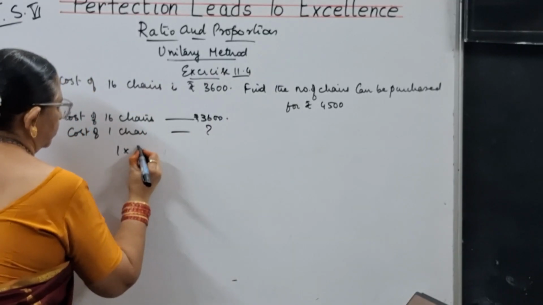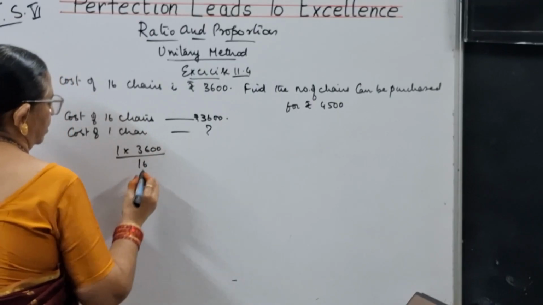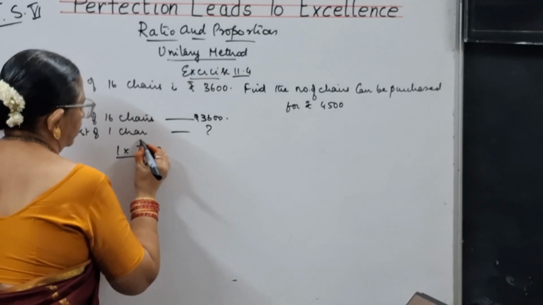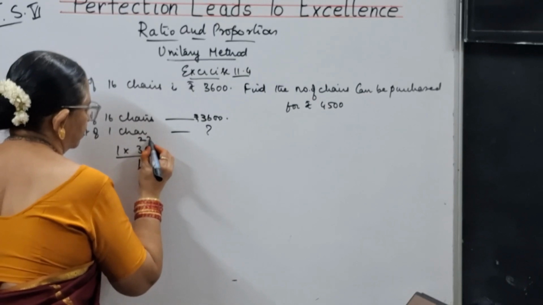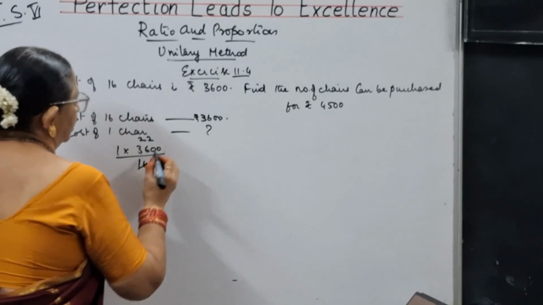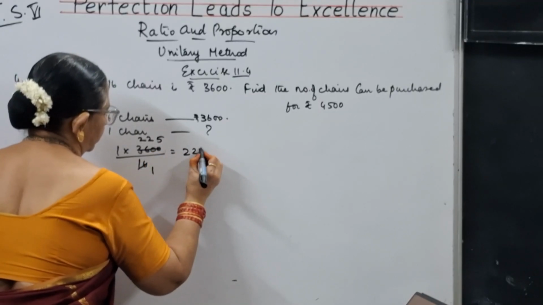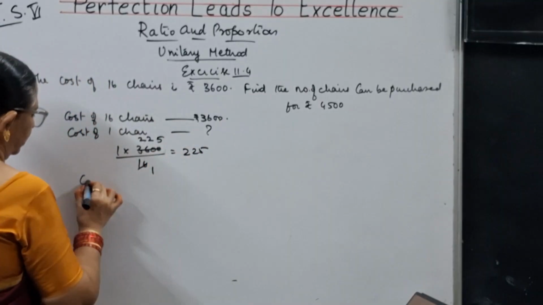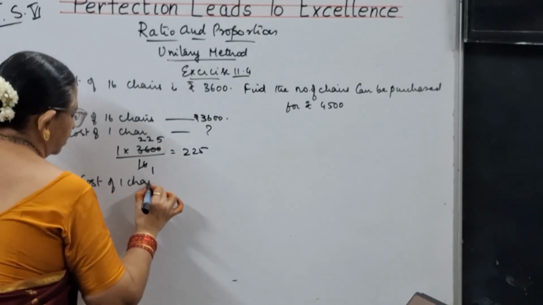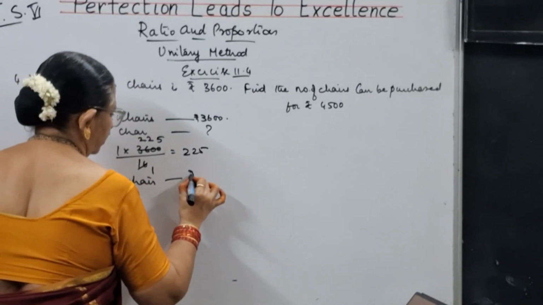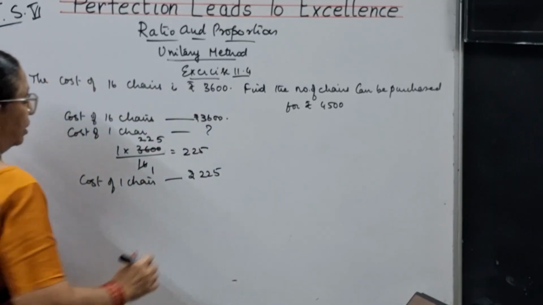So 1 into 3600 by 16. 16 ones are 16, 16 twos are 32, 4 you'll get 40, 16 fives are 80. So 225. So you are getting the cost of one chair. How much? Rupees 225.